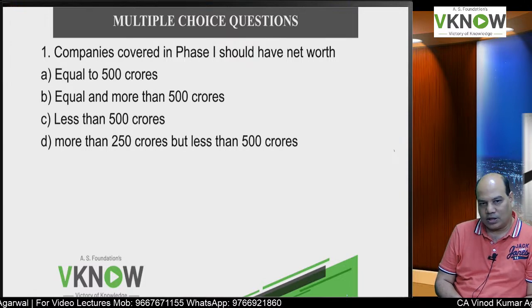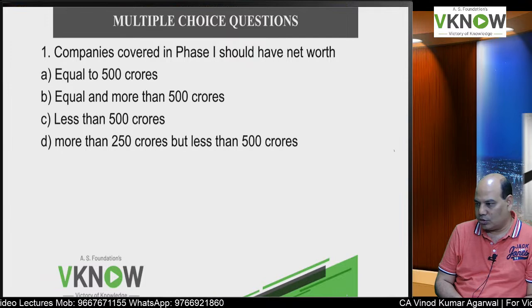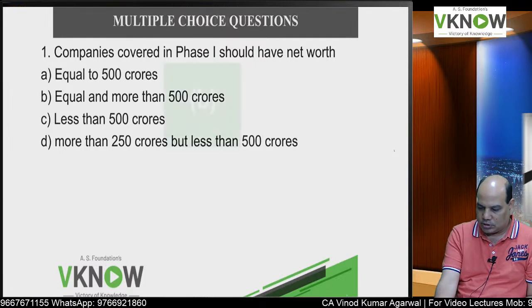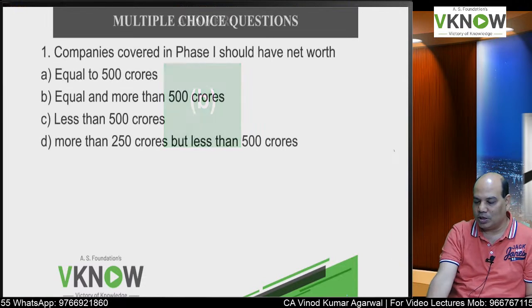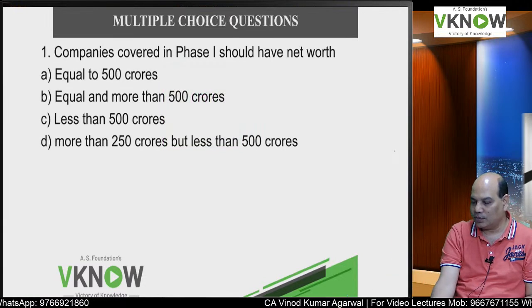So I am expecting answers from students attending online or on YouTube. What is your answer? A or B or C or D? I have started getting answers. Let us see. B is the right answer. It should be equal to or more than 500 crore.